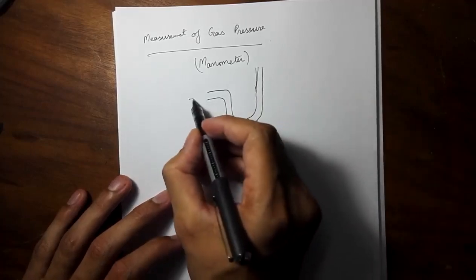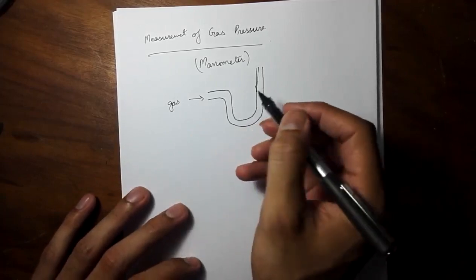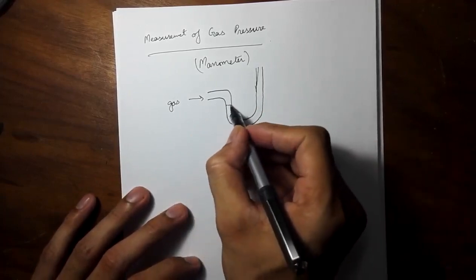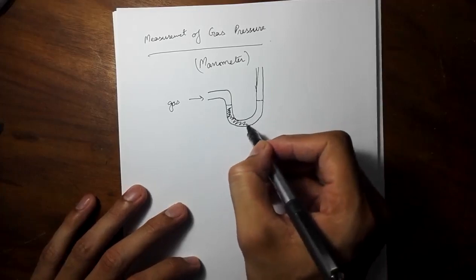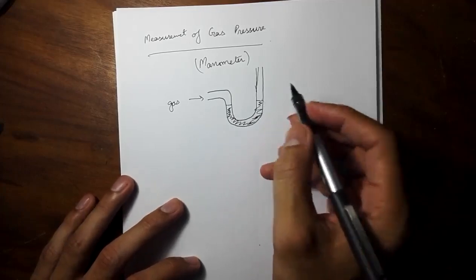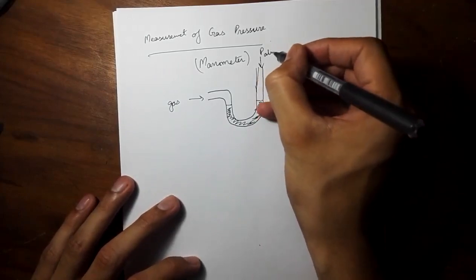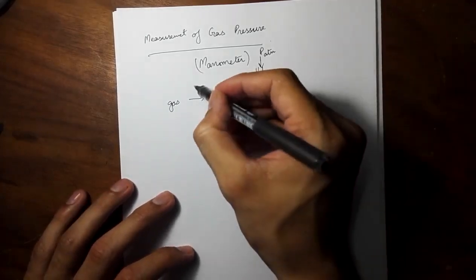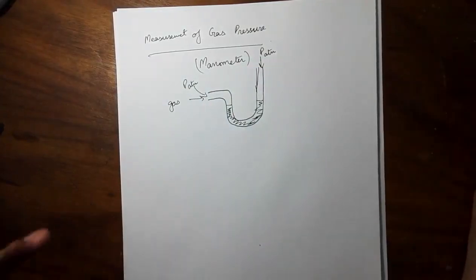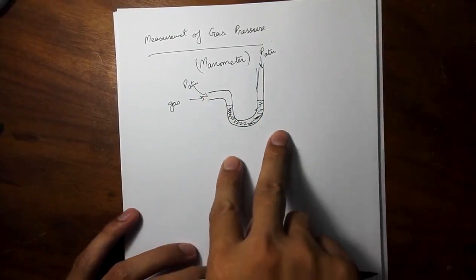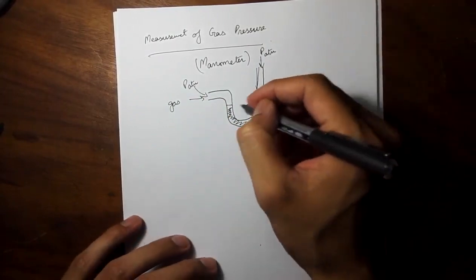Okay, here the pressure of gas comes, and initially there is some liquid over here, because initially from here the pressure will be atmospheric pressure, and from here also atmospheric pressure. So from both sides the pressure will be the same, that is atmospheric pressure. So these two liquid levels will be the same.